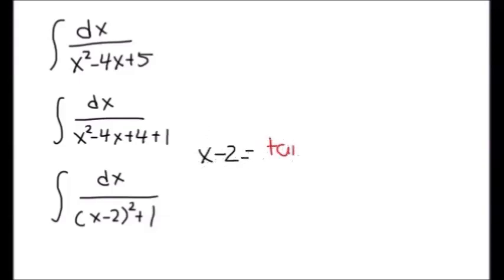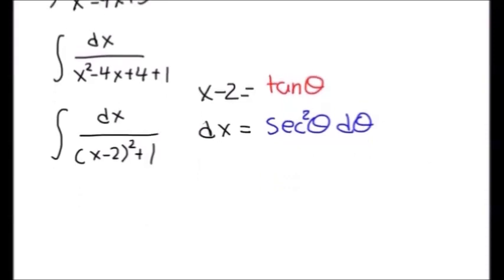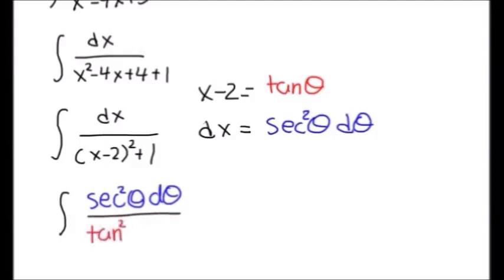Using trig identities, we can then set x minus 2 as equal to tangent theta. This will mean that dx will equal secant squared theta d theta. This can then be plugged back into the original equation, giving us the integration of secant squared theta d theta divided by tangent squared theta plus 1.